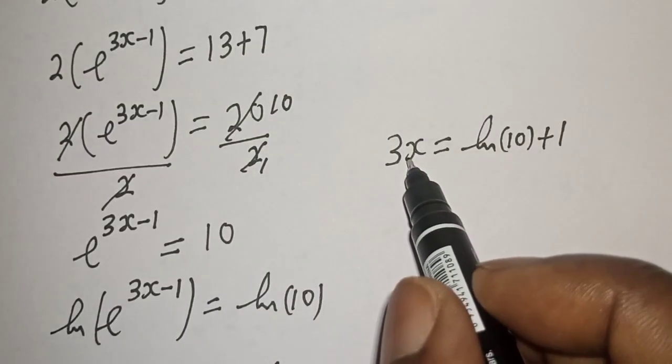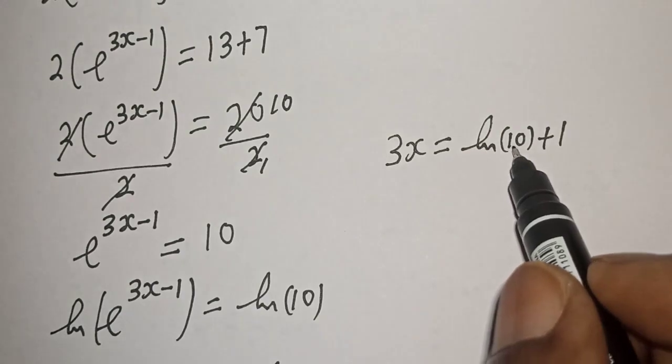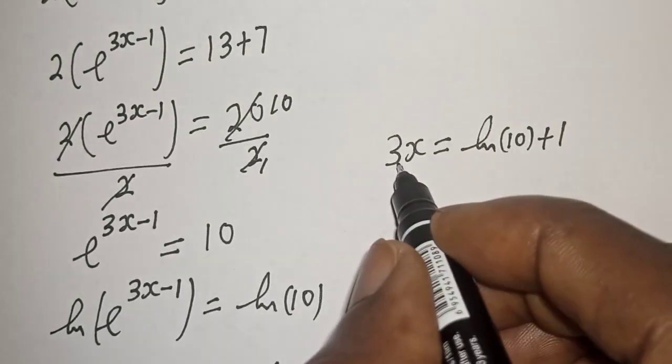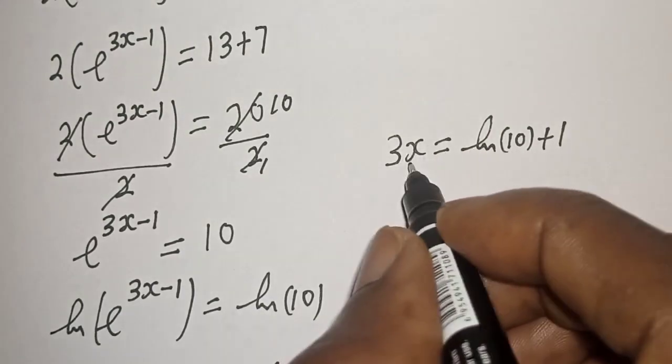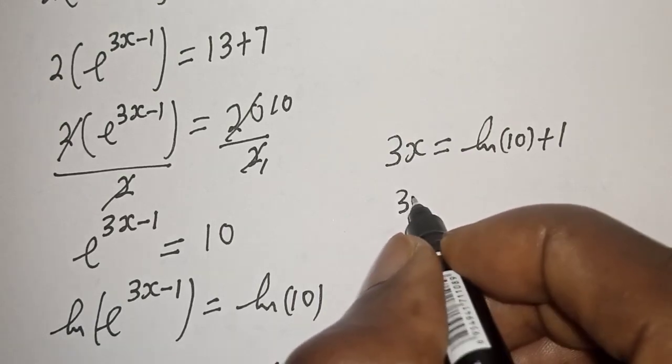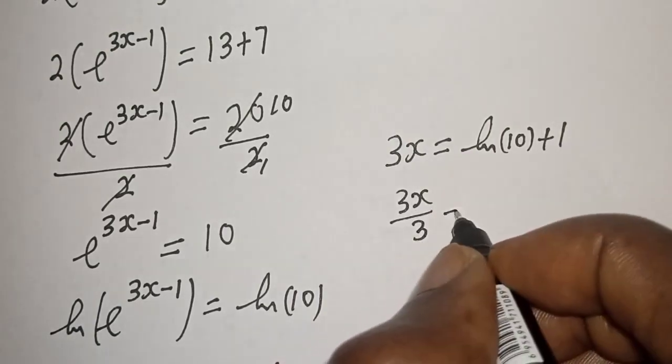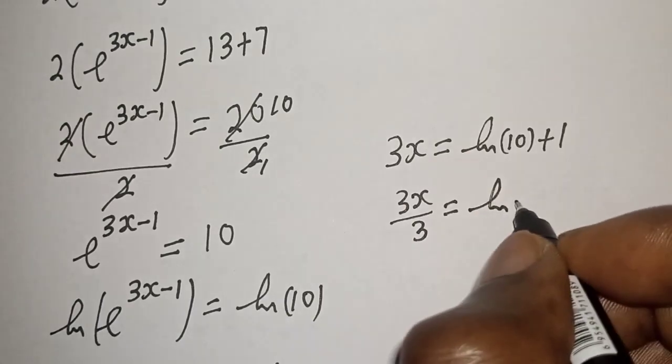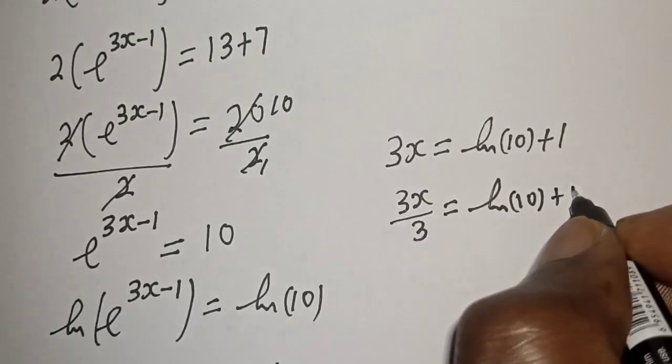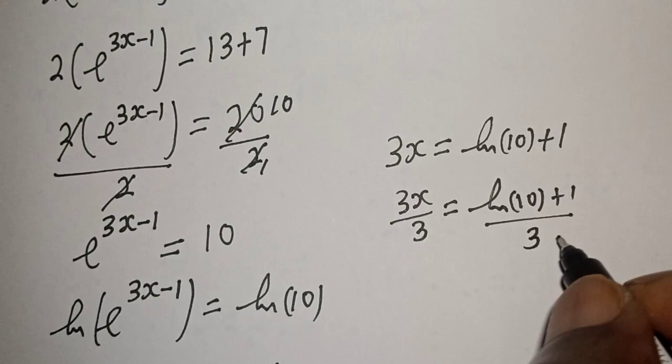Now here 3x is equal to natural log of 10 plus 1. We are looking for the value of x. Let's divide both sides by 3. 3x divided by 3 is equal to natural log of 10 plus 1 divided by 3.